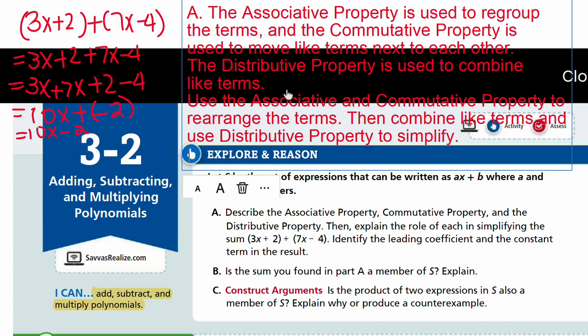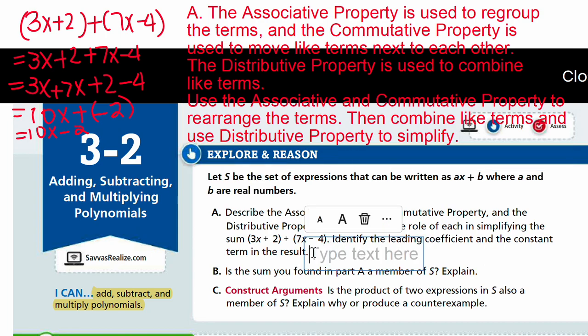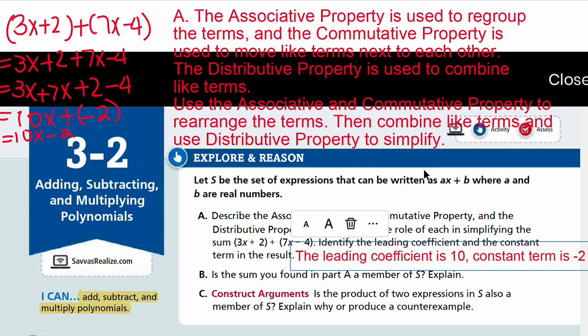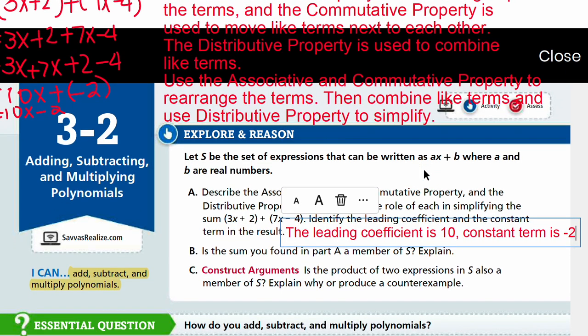And then we're going to identify the leading coefficient. The leading coefficient is 10. Constant term is -2. Okay.